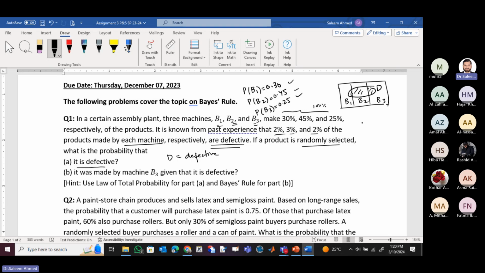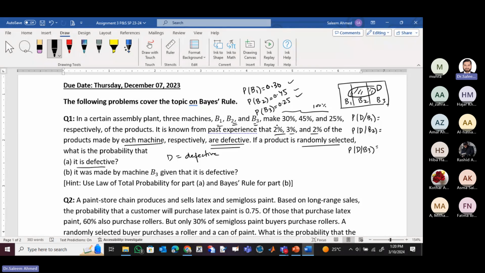Next, I should know the probability of defective given machine 1, the probability of defective given machine 2, and the probability of defective given machine 3. This should be given because this is the assumption of Bayes' law. And they are given.